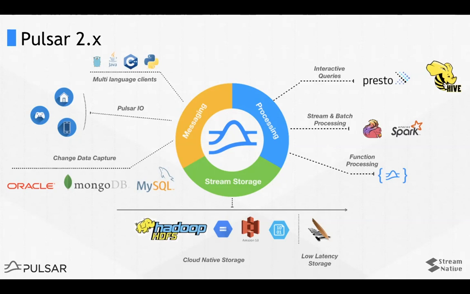You can offload your streaming data into much cheaper cloud native storage, like S3, GCS, and Azure Blob Store from cloud providers, and in offline mode, there are a lot of deployments of HDFS.